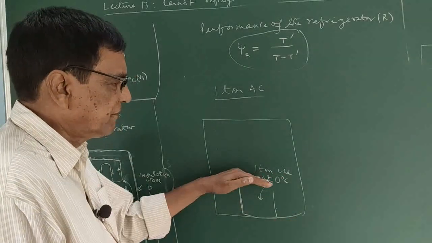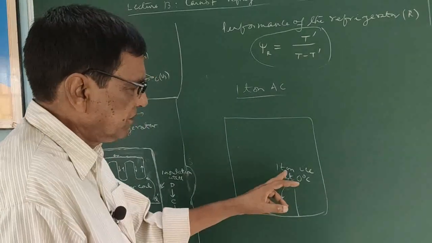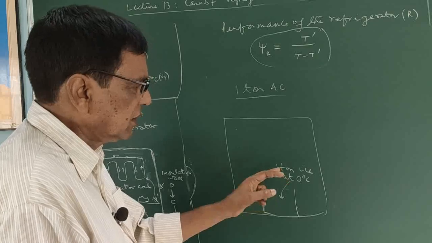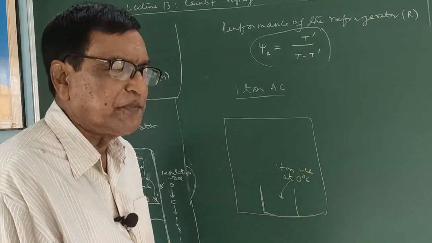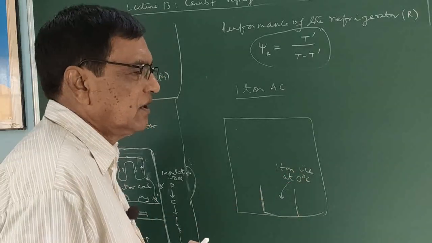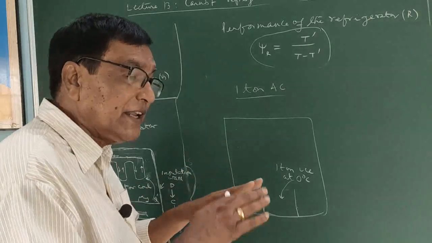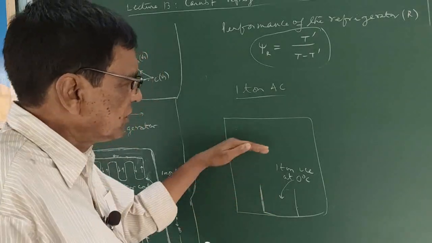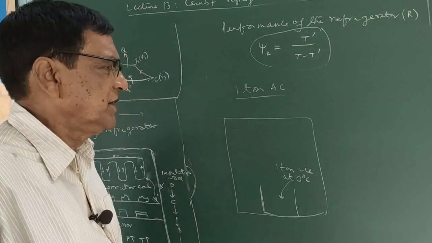The latent heat taken for the melting of 1 ton of ice at 0 degree centigrade and 1 atmospheric pressure to liquid water at 0 degree centigrade and 1 atmospheric pressure, the amount of heat extracted in a day, is equivalent to 1 ton AC.